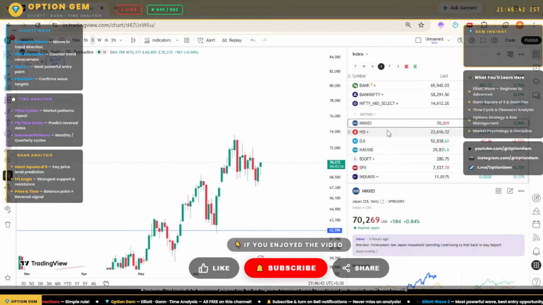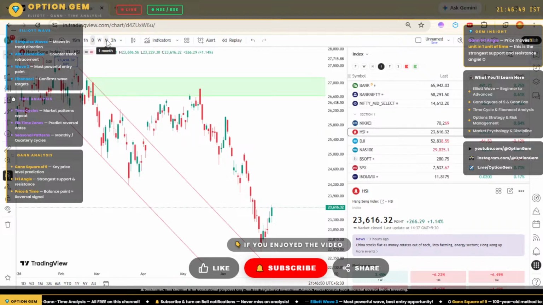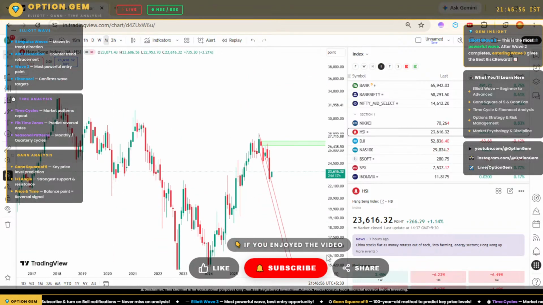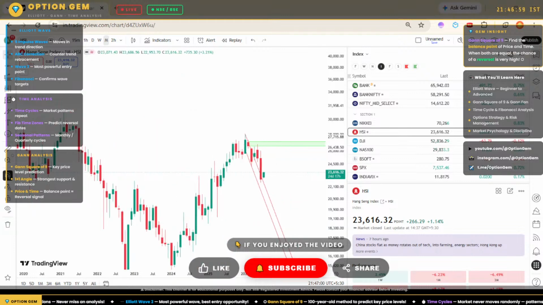So that's the view on Nikkei as well. And if we talk about the Hang Seng, Hang Seng falls are huge, so that's why metal is also struggling. Metals are struggling due to the Hang Seng. Just a minute guys.